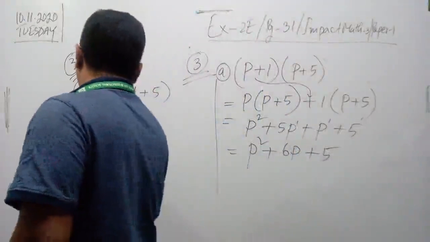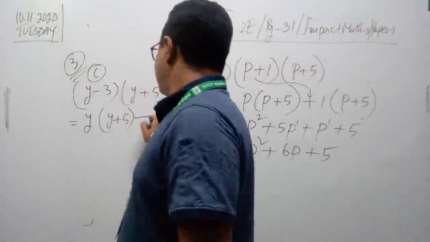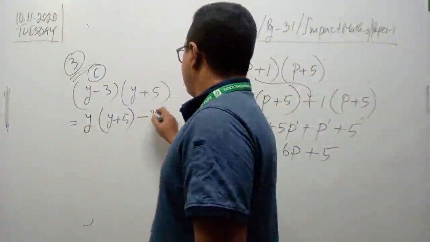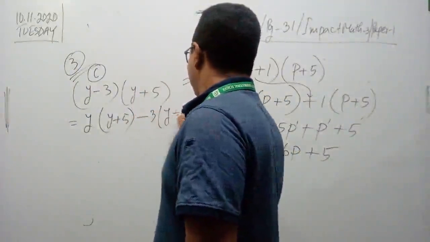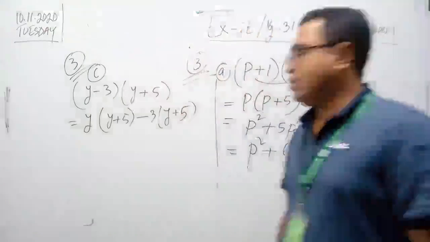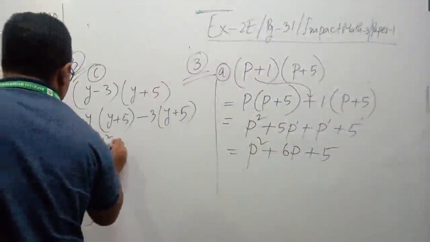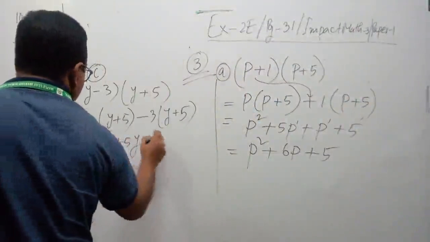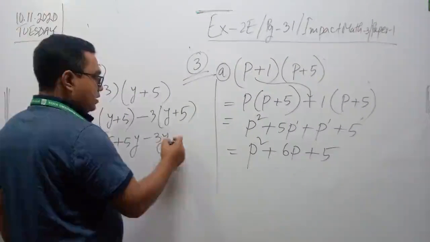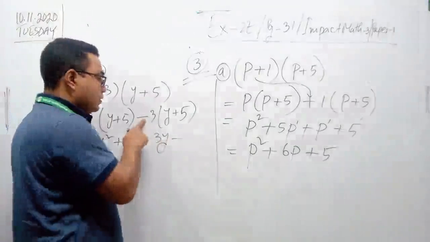First of all, y multiplied by y plus 5, minus this, then 3 into y plus 5. Now y into y is y square, y into 5 is 5y, minus 3 into y, 3y. Keep it in mind, here this one is minus 3.